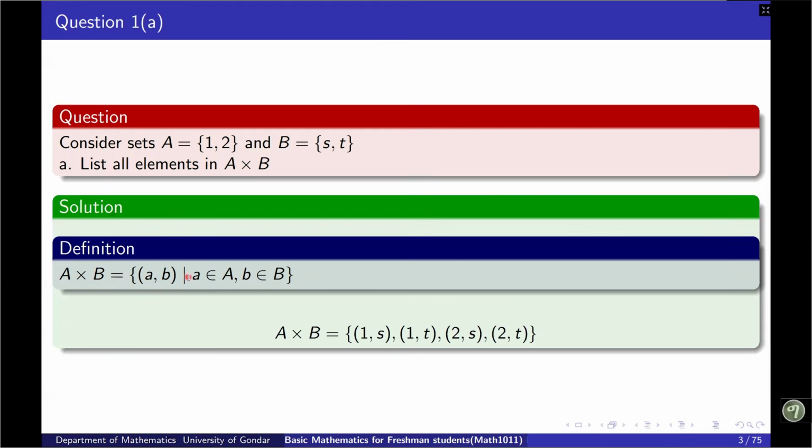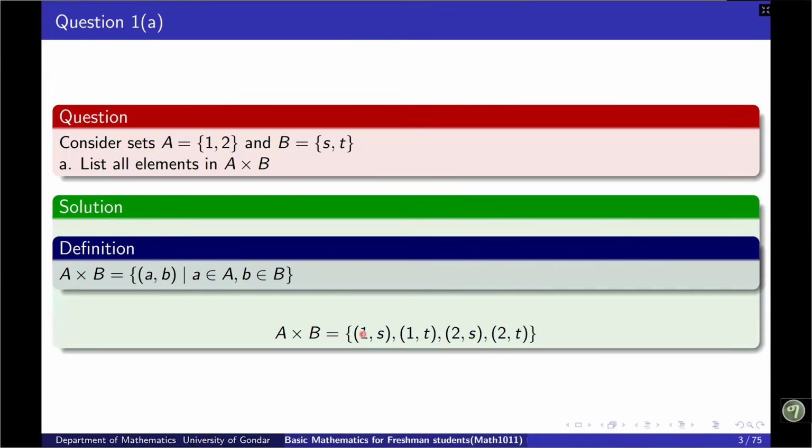And therefore, due to this definition, the cross product of these two could be each and every element of the first set, that is set A, must be paired with every element of the second set. Similarly, the second element of the first set must also be paired with each and every element of the second set.